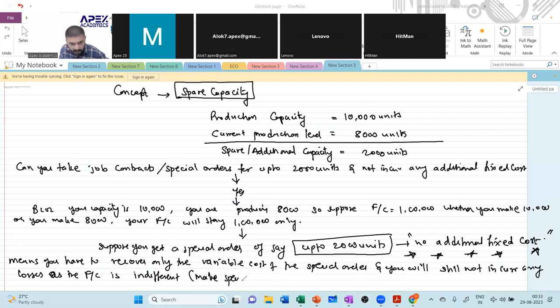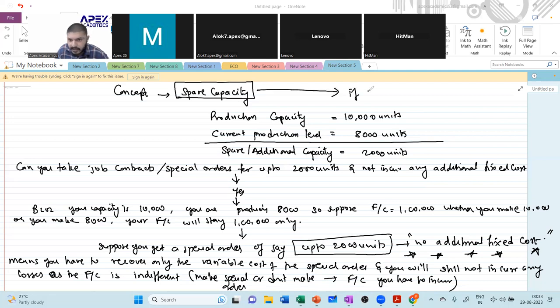Make the special order or don't make it, the fixed cost you have to incur. So where you have spare capacity, if the order is within spare capacity, what is the most competitive price to charge so that you get the order?